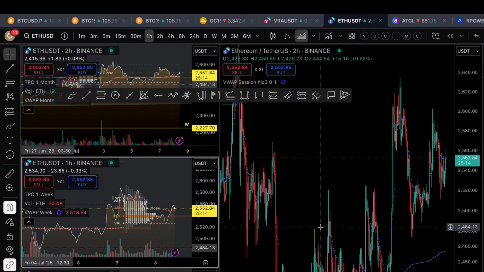What do we have here? We're holding the point of control as support. We're rejecting from the value area high. What would we not want here?